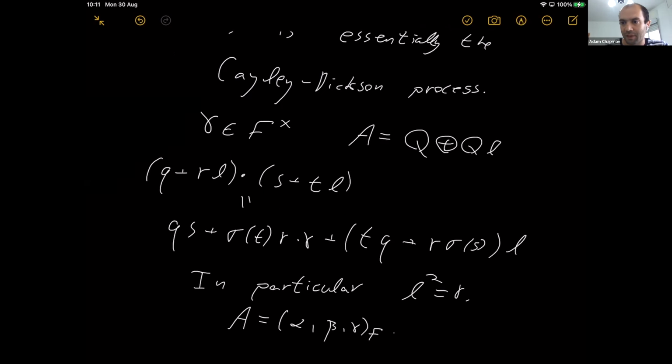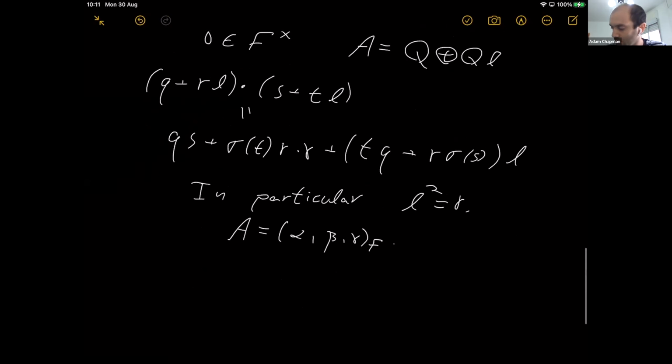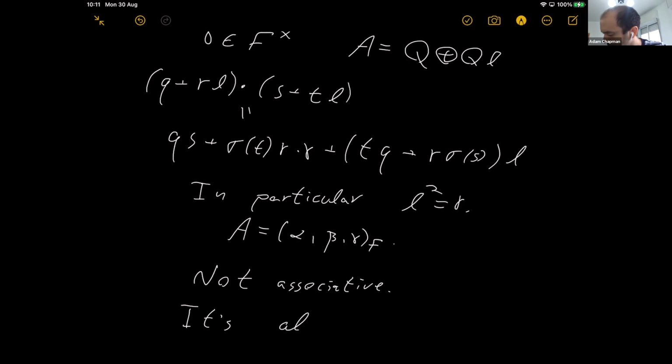And this algebra is special in several different ways. So first of all, it's not associative anymore. It's alternative. And what do you mean by alternative?